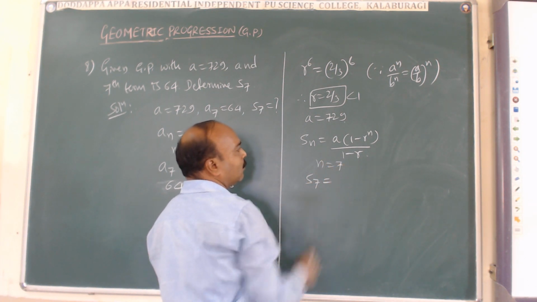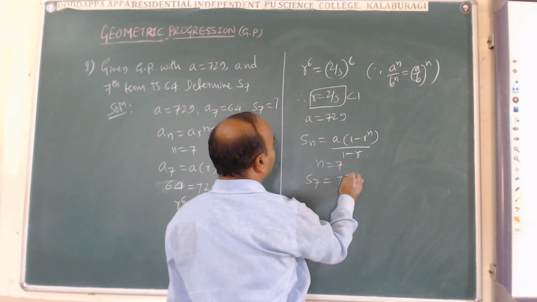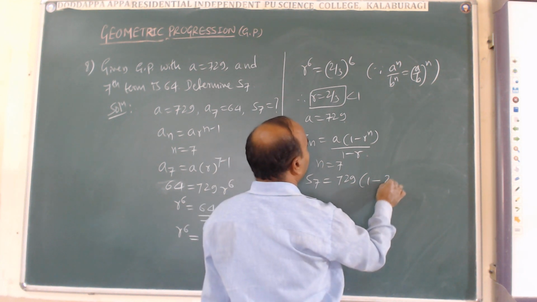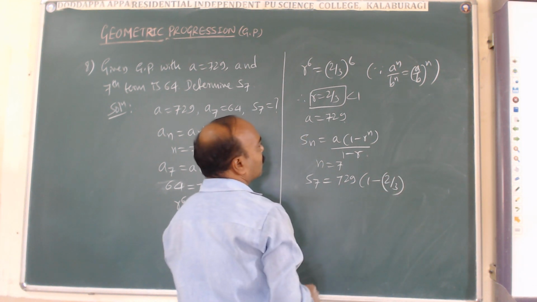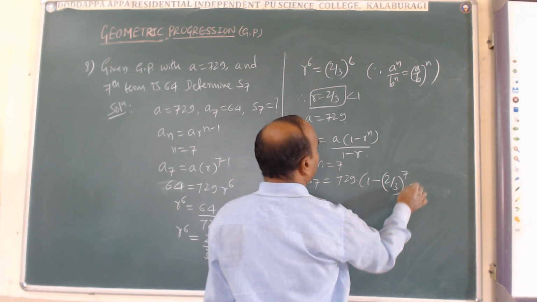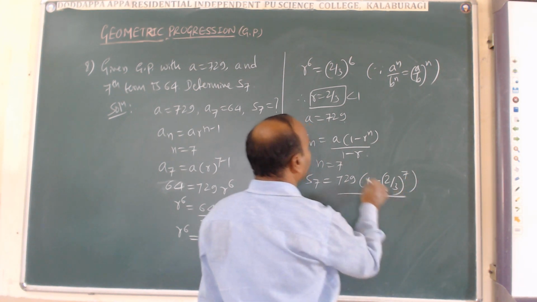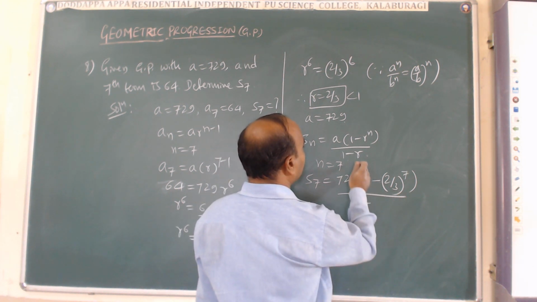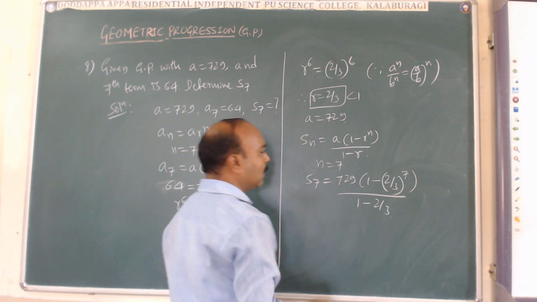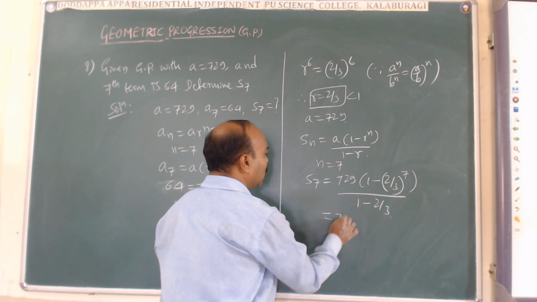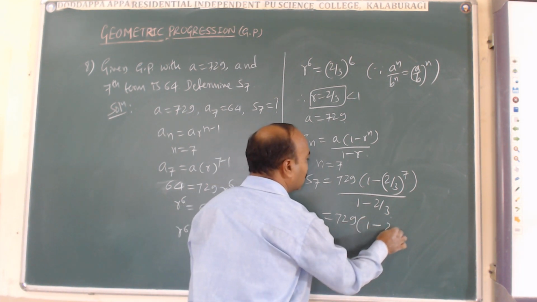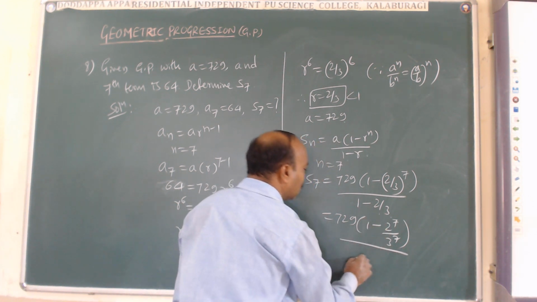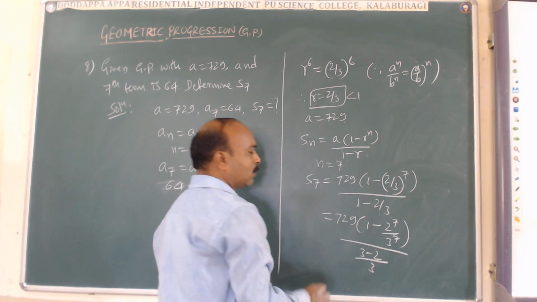We get S7 = 729 into (1 - (2/3)^7) whole divided by 1 - r. 1 - r value is 1 - 2/3. Now it is 729 into (1 - 2^7/3^7) whole divided by, LCM is 3, it is (3 - 2)/3.